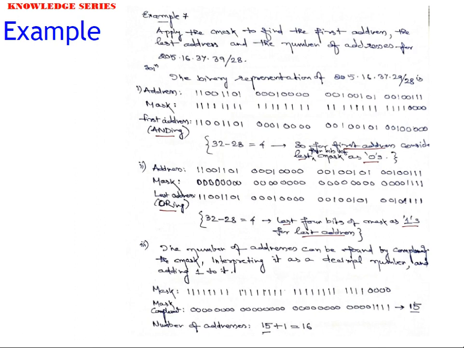In the other case, with the OR operation, what we do is the same in a reverse way: we make the last 4 bits 1 and do the OR. When you do the OR, wherever there is a zero it remains the same.